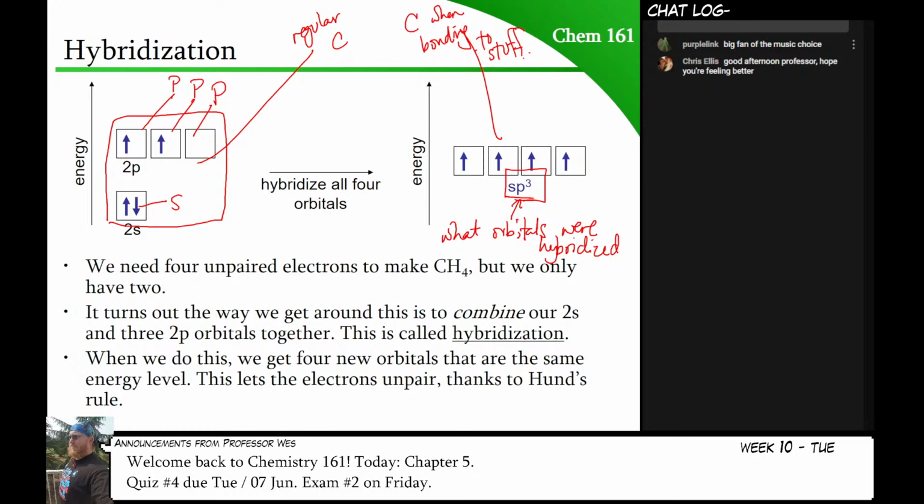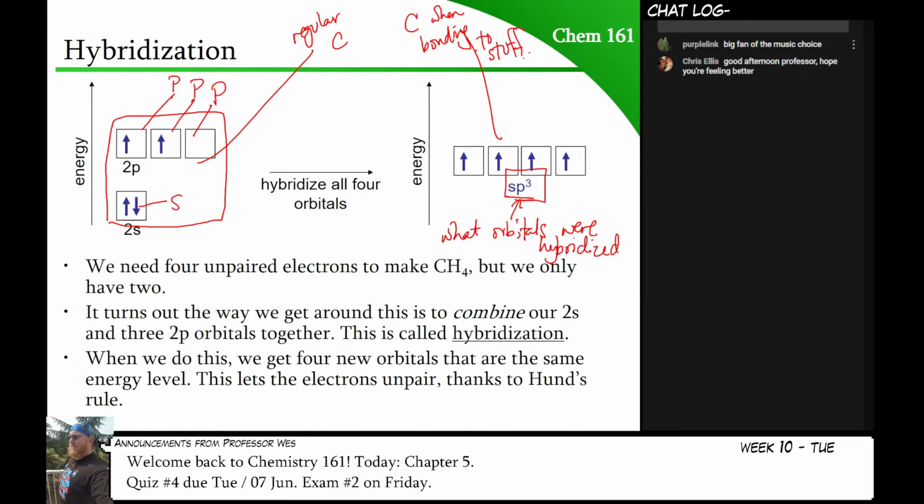So you can think of this as a sort of mechanism that occurs in order for bonding to take place. Think of it as the bonding activation energy. I invest a little energy to get my carbon to have 4 unpaired electrons available. Then I can make 4 bonds to it instead of 2.